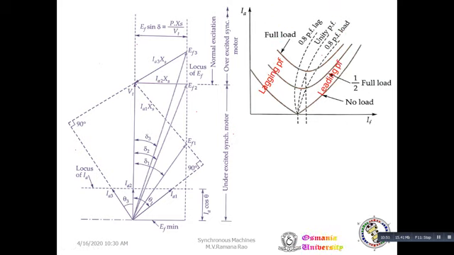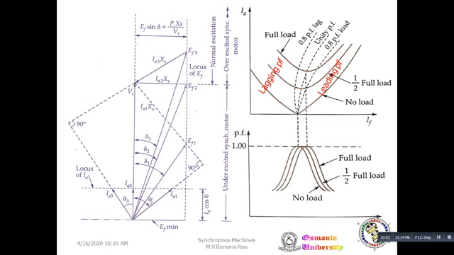You can see at the center the minimum current occurs, whatever the loads, for constant loads, minimum current occurs at unity power factor. This side lagging PF and this side leading PF. Similarly, if you draw power factor versus field current, the curve, so as we go on increasing the excitation, observe the theta.